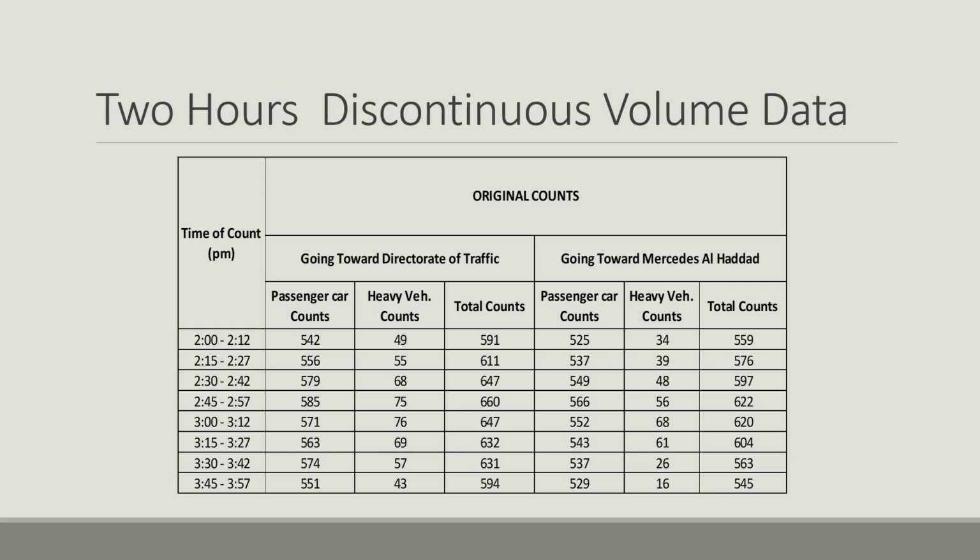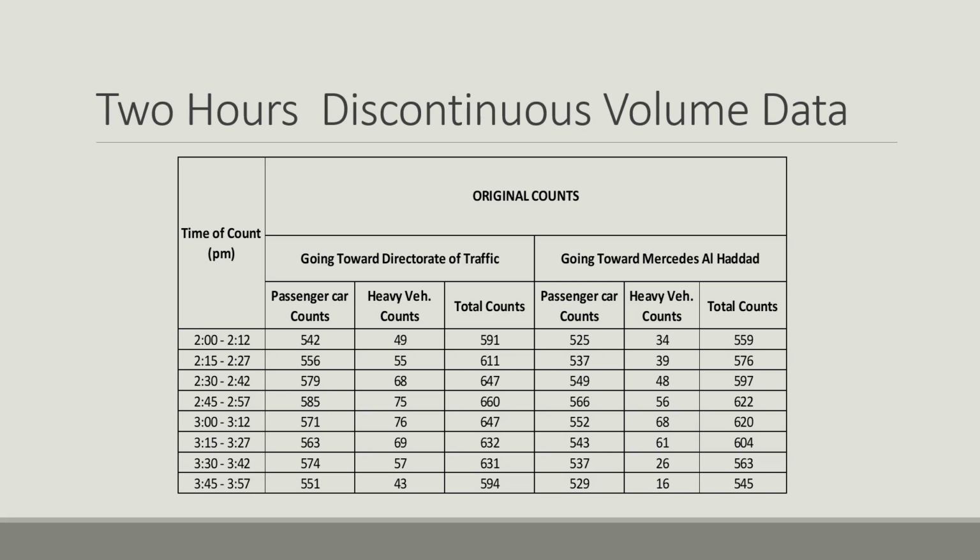The second time we visited the site was to collect volume data at the peak hour for each direction. So we collected volume data for 2 hours at a 12-minute counting period as shown, with a 3-minute break between each period. We counted the number of passenger cars as well as the number of heavy vehicles.